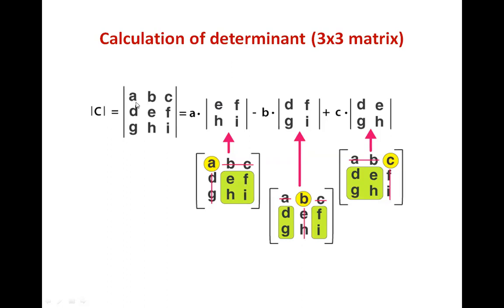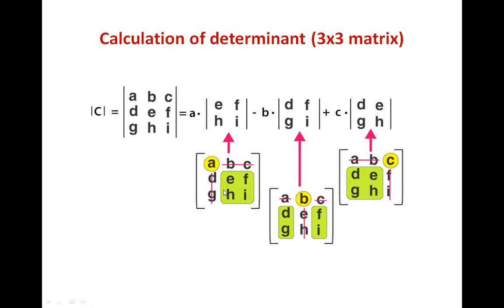If we consider a, then we have to cull out the elements present in the row of a and in the column of a. Are you getting this? The elements in the row are b and c, which we have to ignore. The elements in the column of a, that are d and g, we have to ignore. And then what is left over?